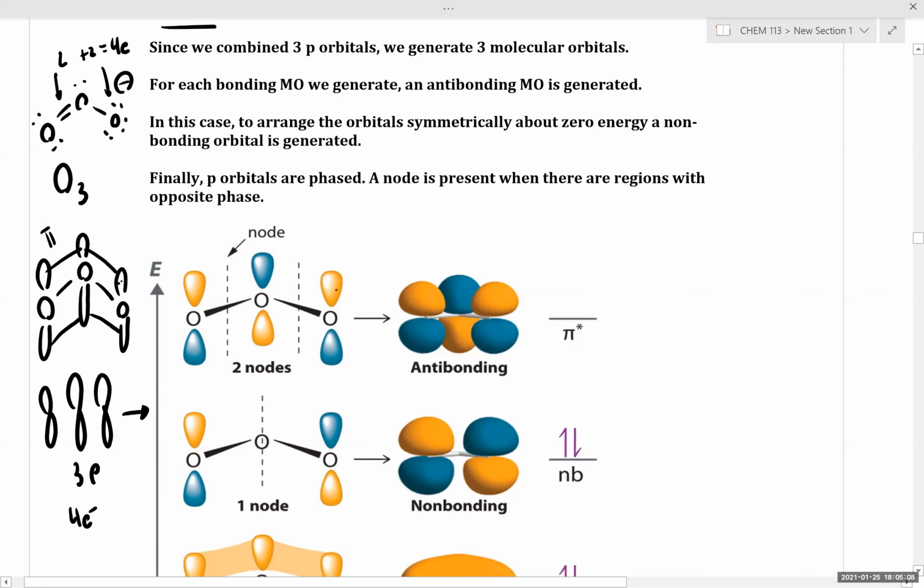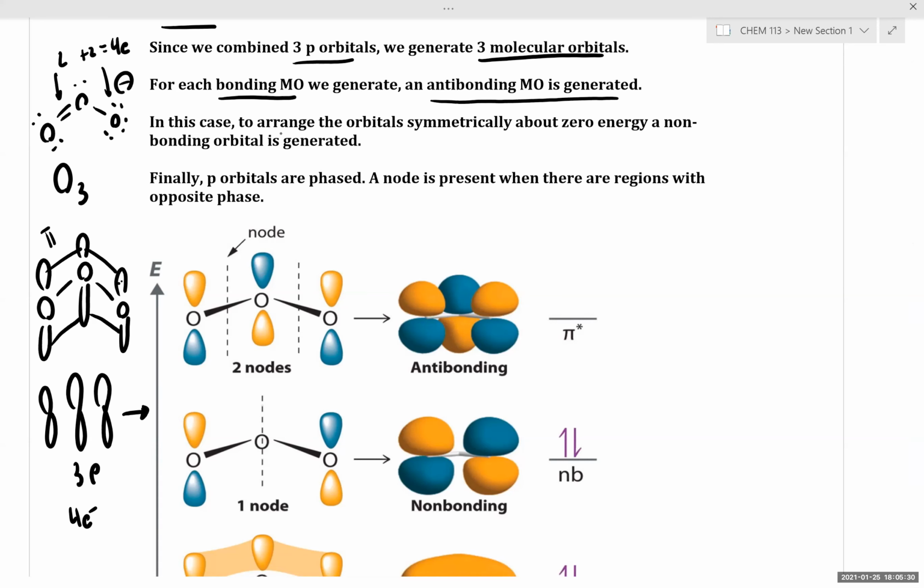Okay? So based on MO theory, if we take our 3 p orbitals, we will generate 3 molecular orbitals. As a general rule, for each bonding molecular orbital that you generate, a corresponding antibonding molecular orbital is also generated.